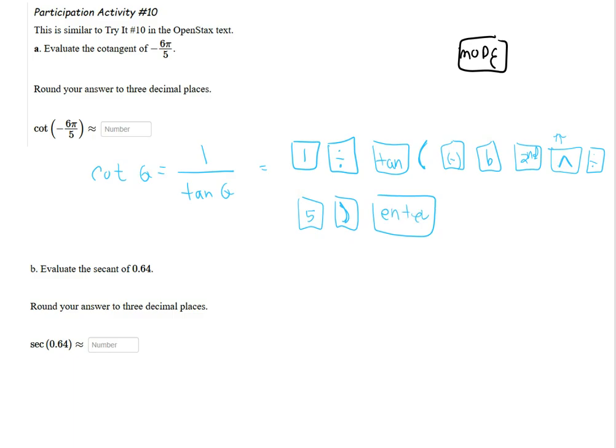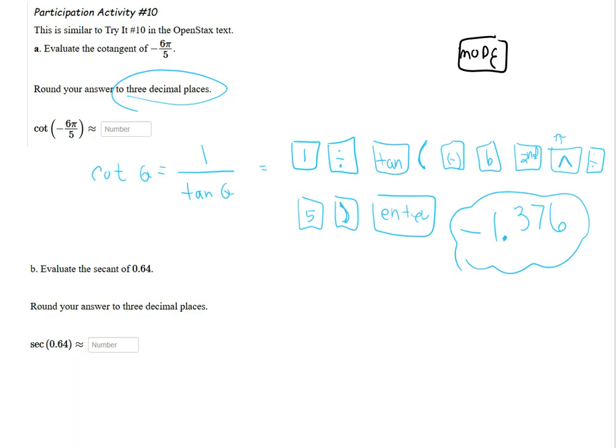So 1 divided by tangent of negative 6 pi divided by 5, close the parenthesis and enter, and I get negative 1.376, and then the next number is a 3. It did say round to 3 decimal places, so the 6 just stays a 6. So that's the answer to the first one.